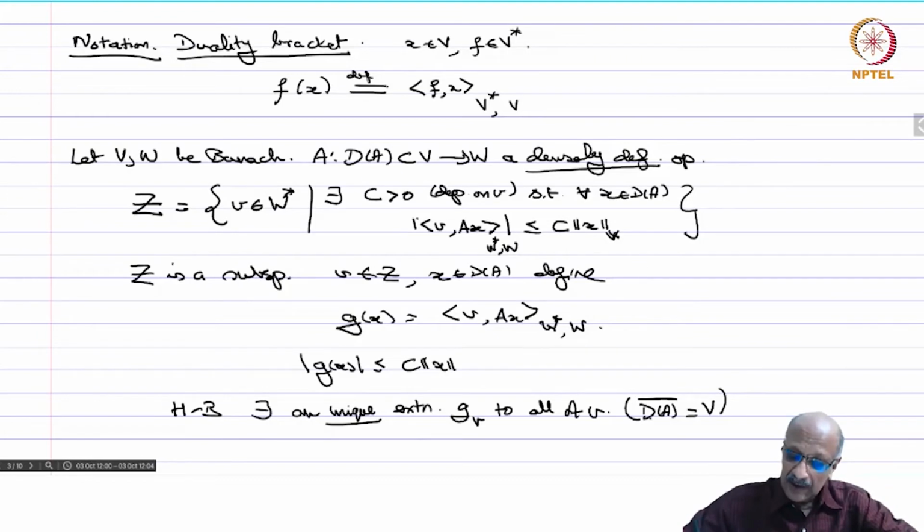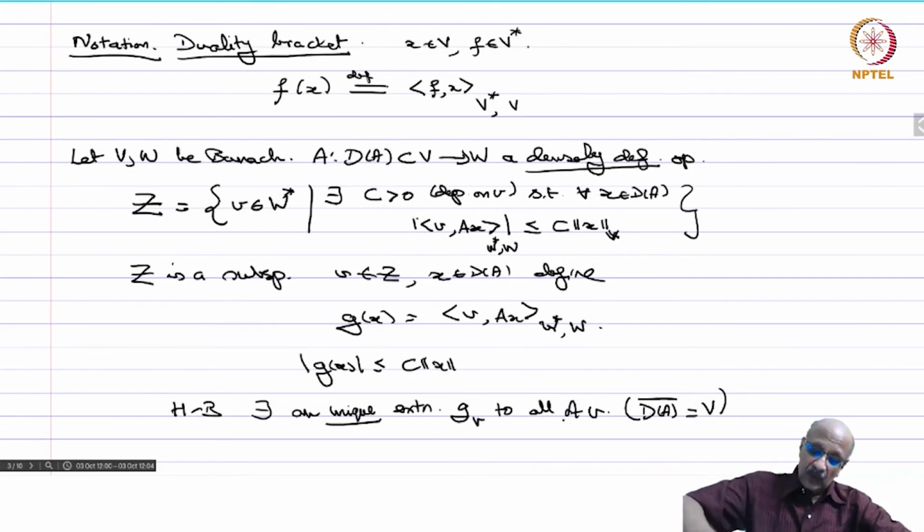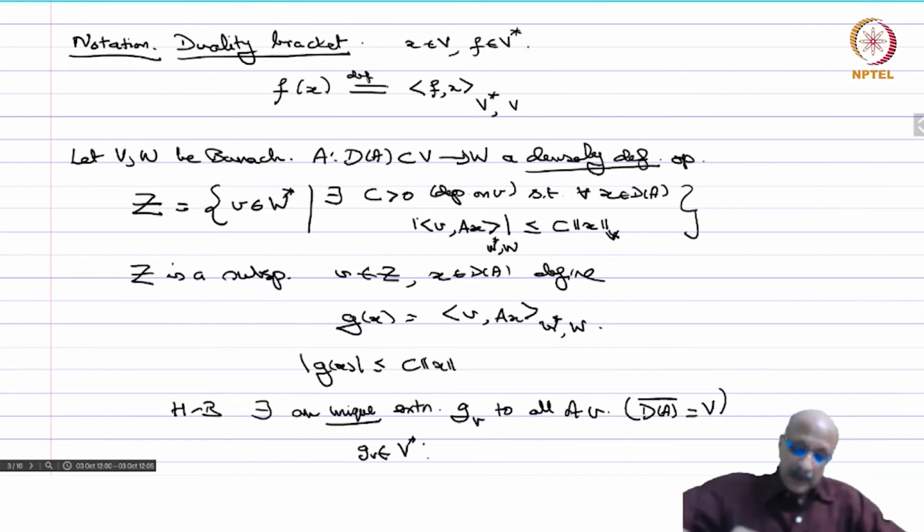So that automatically tells you that if you have g which is defined on a dense subspace, then it has a unique extension to all of V. So g_v is again a continuous linear functional, so now g_v is in V star. Starting with something in W star, we have defined something in V star, provided it is in Z.